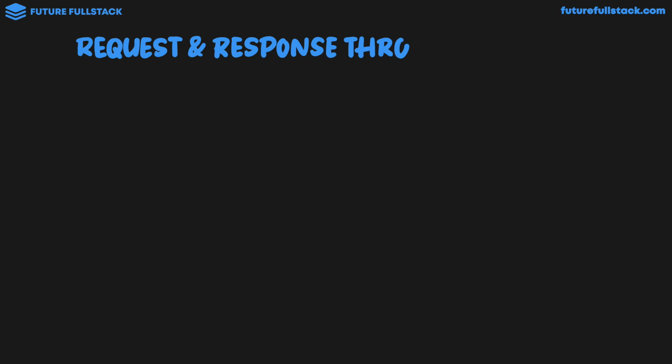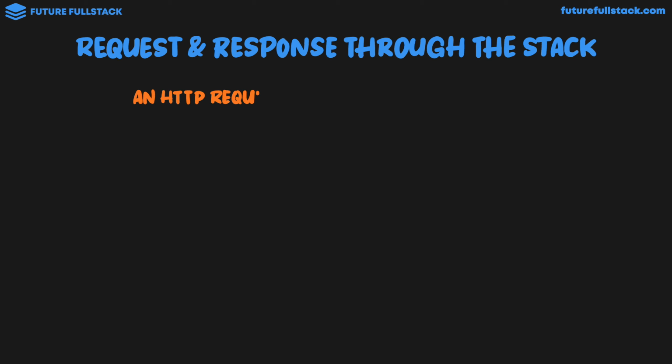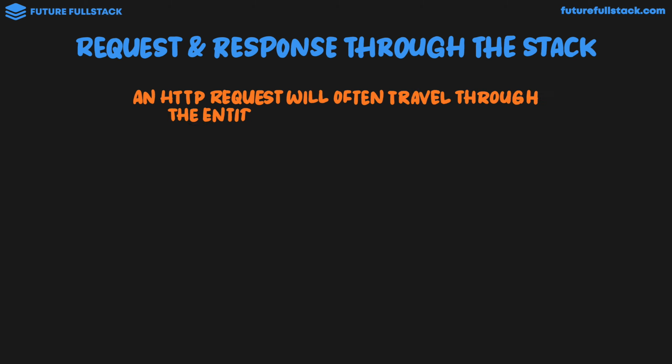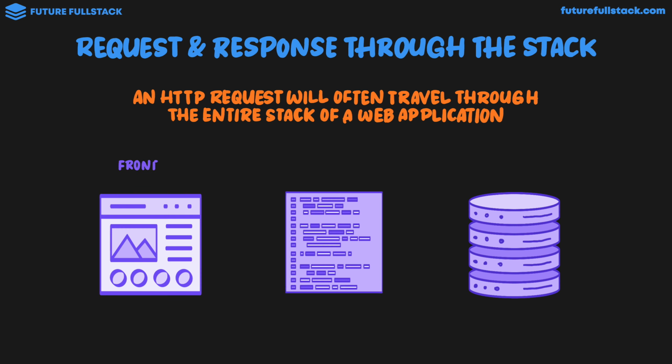So to start off with, I want to look at the request and response through the stack. If you're not familiar with the stack, I suggest you check out my previous video on full-stack web applications in the description below. An HTTP request will often travel through the entire stack of a web application. We have our front-end, back-end, and database.